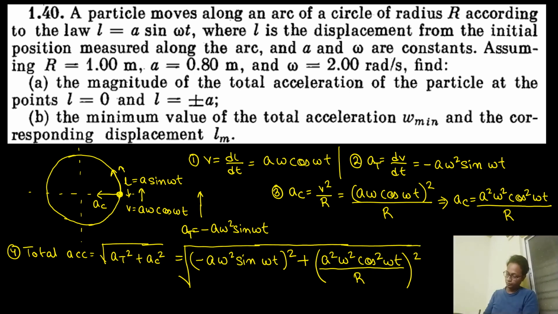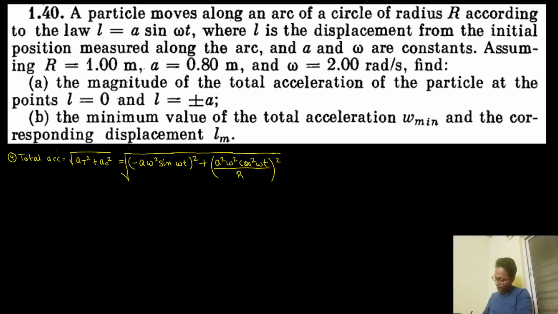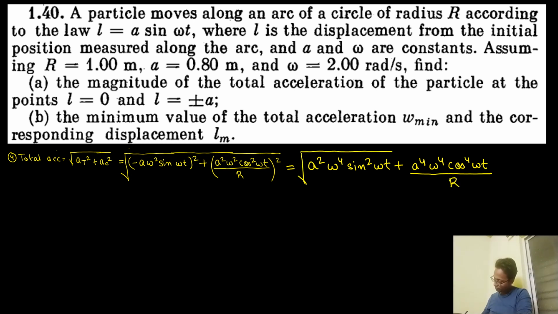So total acceleration is equal to the square root of a square omega to the power 4 sine square omega t plus a to the power 4 omega to the power 4 cos to the power 4 omega t divided by r square.